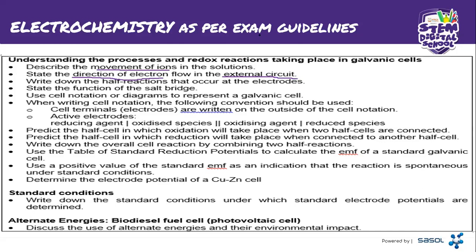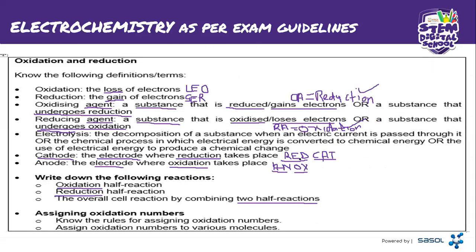And then the following point we have talked about, writing down the half reactions, which is the oxidation half reaction and the reduction half reactions that occur at the electrodes. Now, what you need to remember is this that I've shown you. Remember red cat.